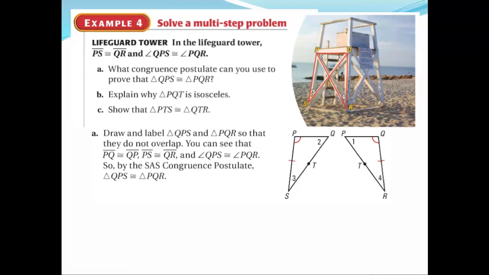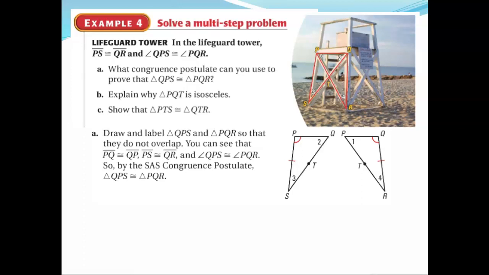Now, what congruence postulate can you use to prove that triangle QPS is congruent to triangle PQR? Well, you're told that PS is congruent to QR, so we've marked that in the diagram. We're also told that angle QPS is congruent to angle PQR, so we have that marked as well. And then because they share side PQ, we know those are equal to each other as well.